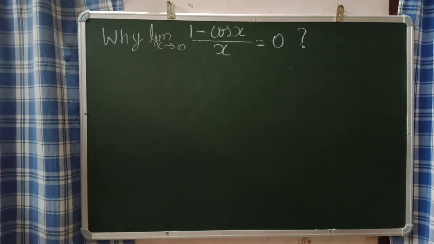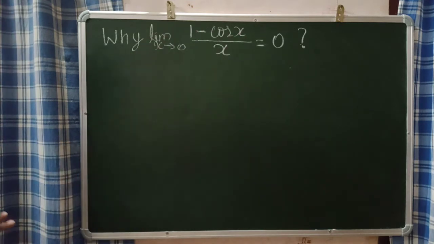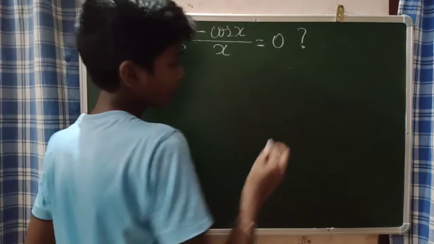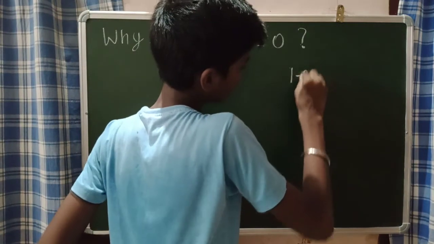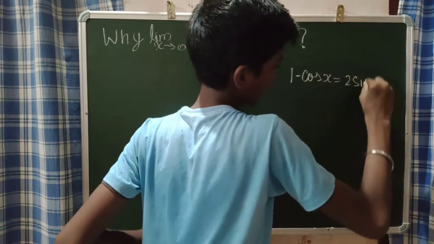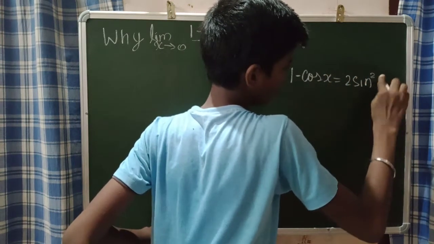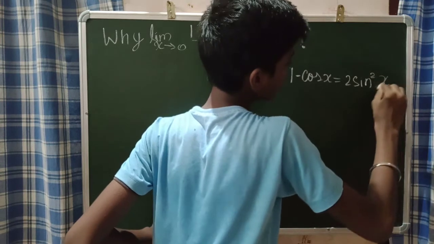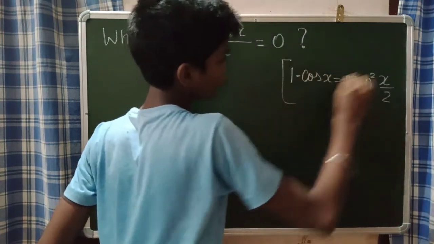In this limit, we have 1 minus cos x in the numerator. As we know one identity, 1 minus cos x is equal to 2 sine square x by 2. This is one of the famous identities which everyone knows.